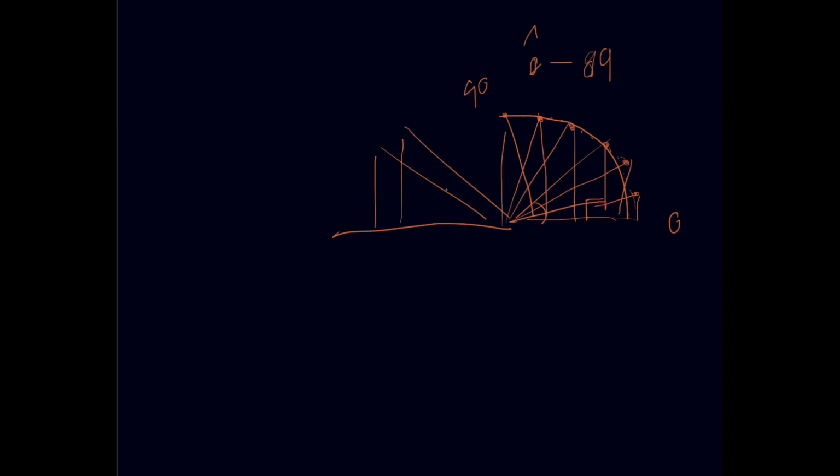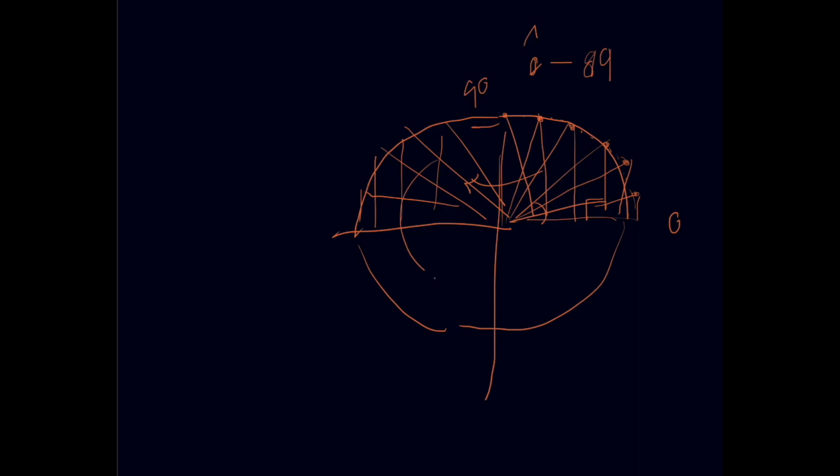If you do the same thing here, okay, I drew this one worse, but if you do the same thing just backwards, just mirroring it, and then if you do it again and again, you'll end up with a circle as you're going through all of the different angles.